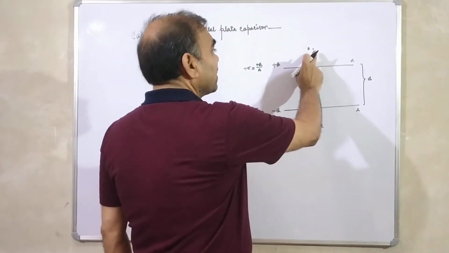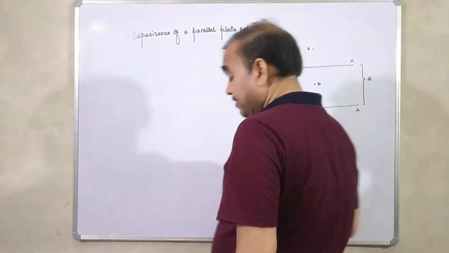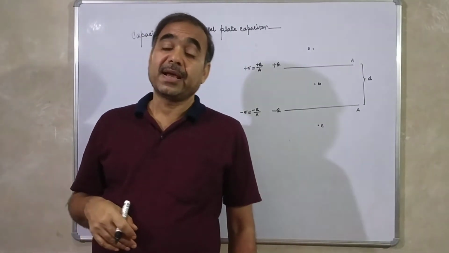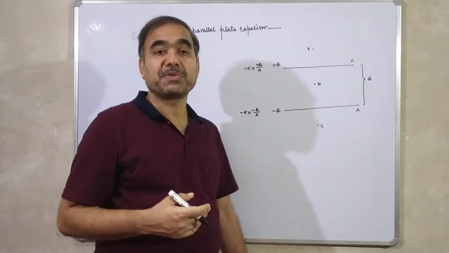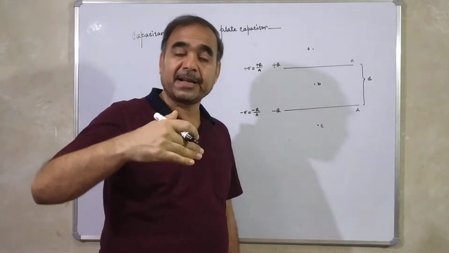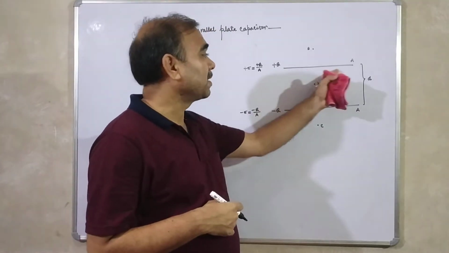Electric field at point A. You know the electric field lines due to a plate are always perpendicular to the surface of the plate.